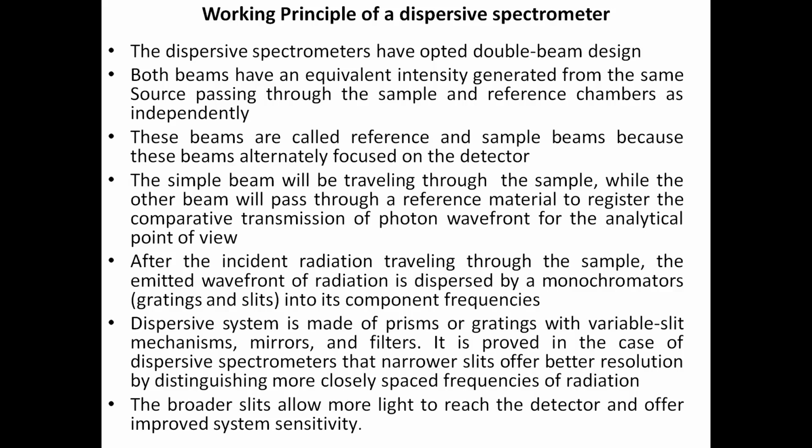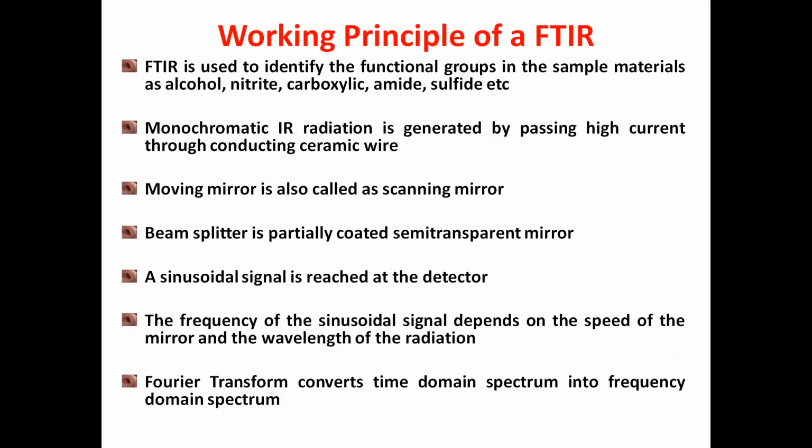It is proved in dispersive spectrometers that a narrower slit offers better resolution. Narrower slit means 400 to 600 nanometer, or 700 to 800, something like that. Better resolution means distinguishing more closely spaced frequencies of radiation. The broader slit allows more light to reach the detector and offers improved system sensitivity. So both narrow and broader slits have advantages and disadvantages.